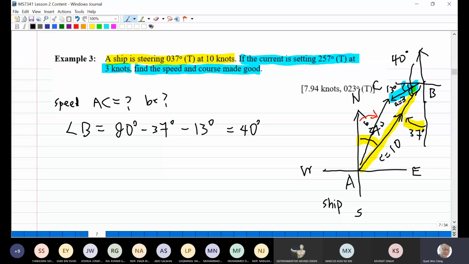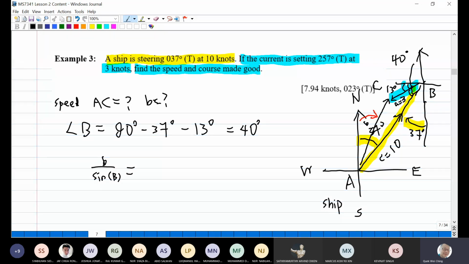So sine law says that B over sine B is equal to A. Do you know what A is here?